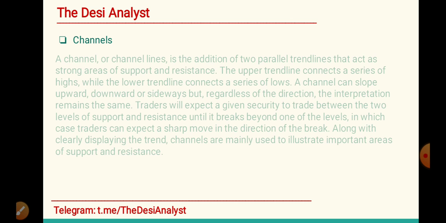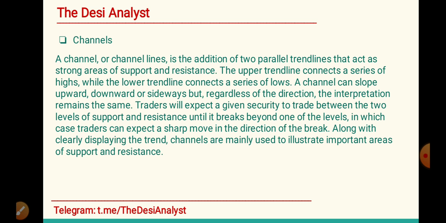Channels. A channel or channel lines is the addition of two parallel trend lines that act as strong areas of support and resistance. The upper trend line connects a series of highs while the lower trend line connects a series of lows. A channel can slope upward, downward or sideways, but regardless of the direction, the interpretation remains the same.